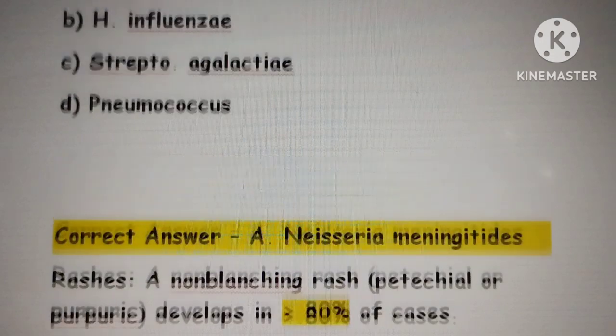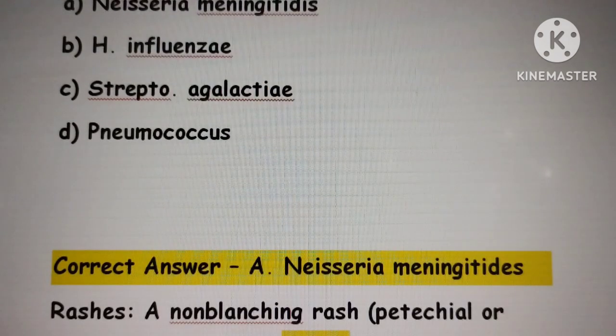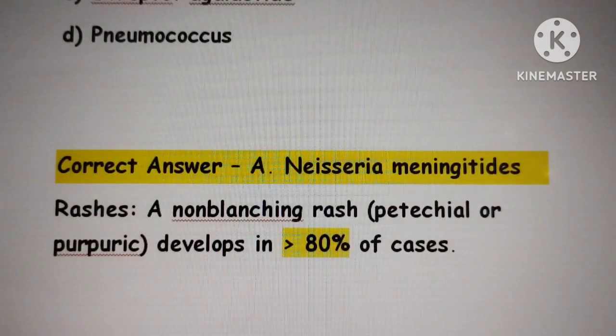Another point to remember in Neisseria meningitidis is Waterhouse-Friderichsen syndrome. It is an adrenal hemorrhage, characterized by DIC and rashes. So whenever they ask about Neisseria meningitidis, you must remember Waterhouse-Friderichsen syndrome.